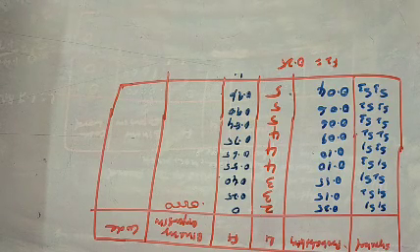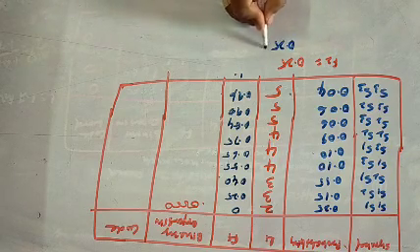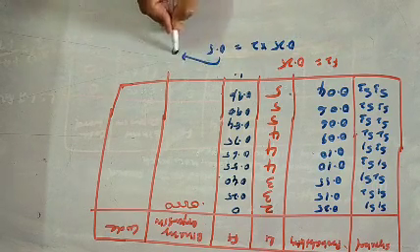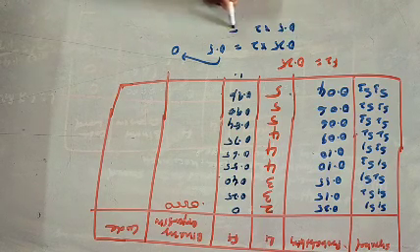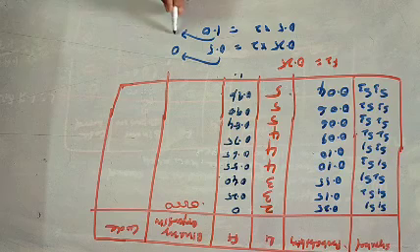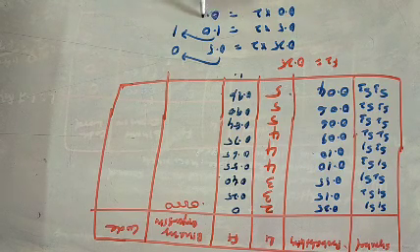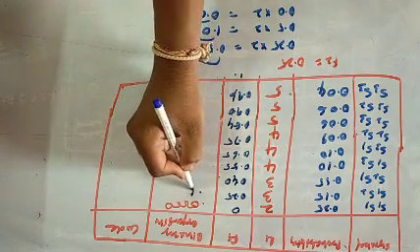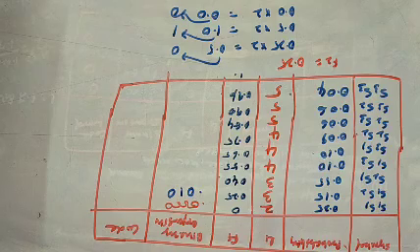So 0.25 times 2 gives 0.5 with carry 0. Similarly, 0.5 times 2 is equal to 1.0 with carry 1. Then 0.0 times 2 is equal to 0.0 with carry 0. So I will write this as 010. For S2, I will write 010.